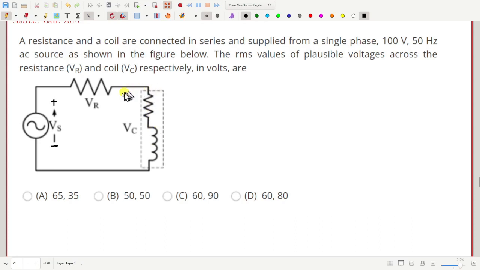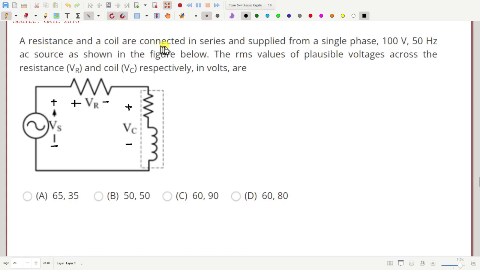The resistance voltage is VR, coil voltage is VC, plus minus. Anyway, the plus minus do not matter here because the question is only asking about the magnitude of these voltages. Let us read the question.